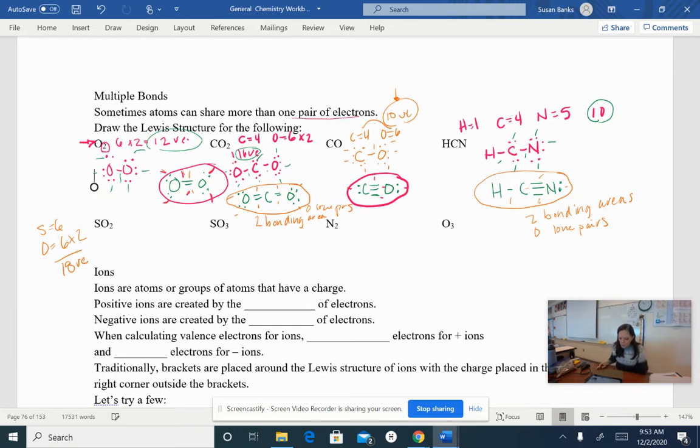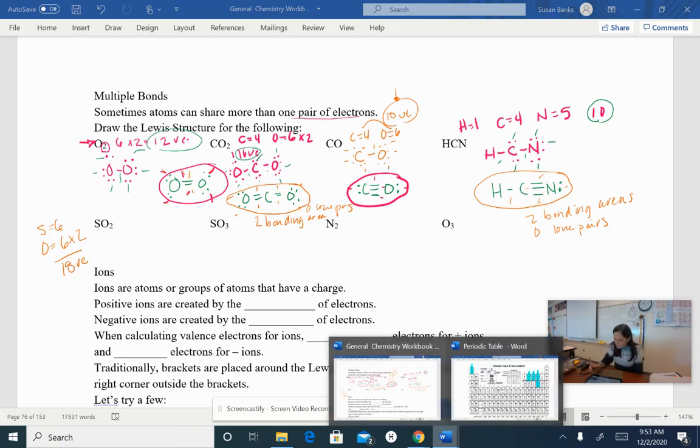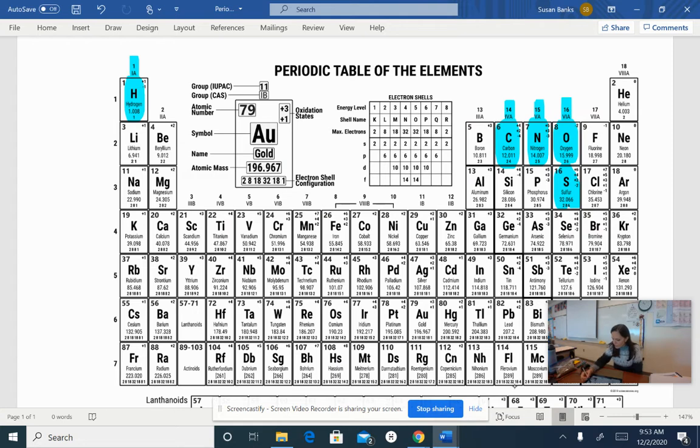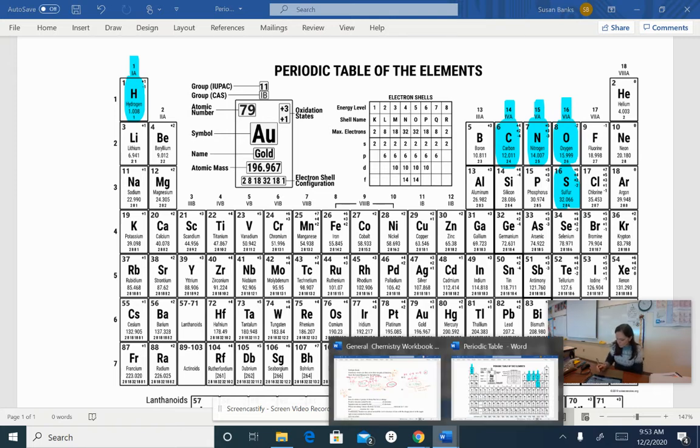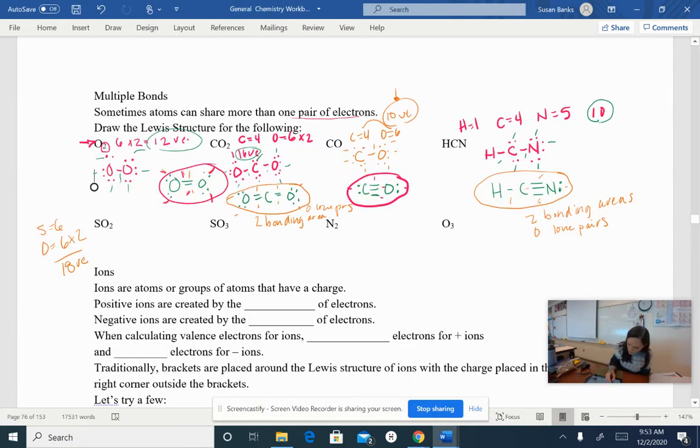Okay, so sulfur is also further away than oxygen is from fluorine, so we're going to put sulfur in the middle. And we're going to put a single bond to each of the oxygens.